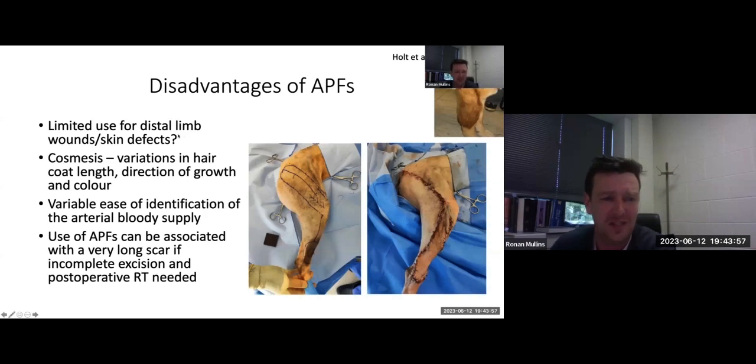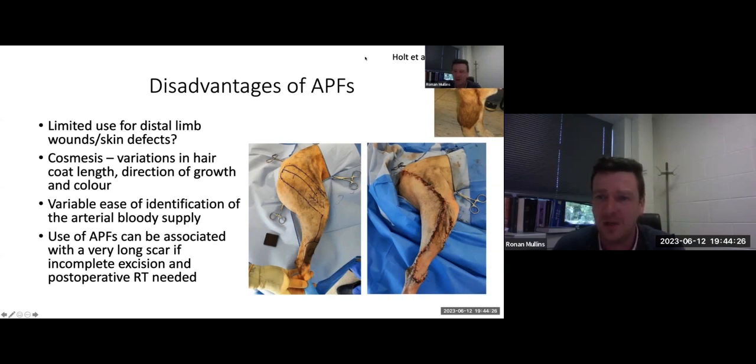In terms of disadvantages, potentially they have some limited use with regard to distal limb skin defects. You might consider in some breeds that have long torsos and short legs like Dachshunds, they might lend themselves better, I guess, for use of some of these axial pattern flaps, such as the thoracodorsal, for example. You might be able to reach distal limbs in those type breeds.